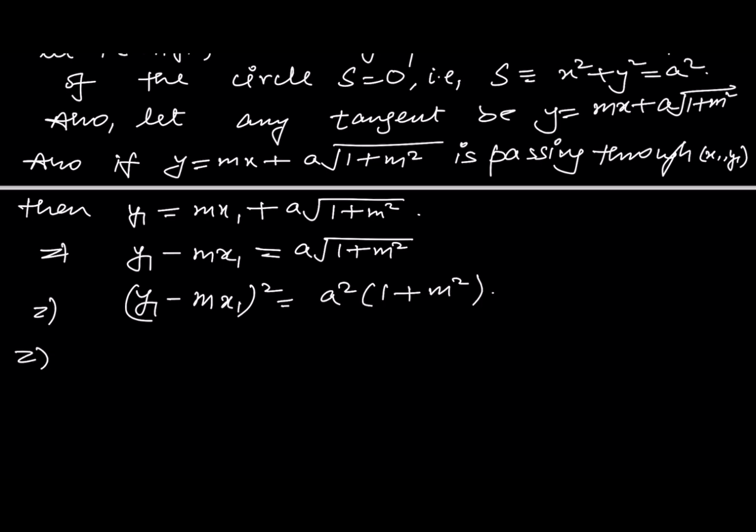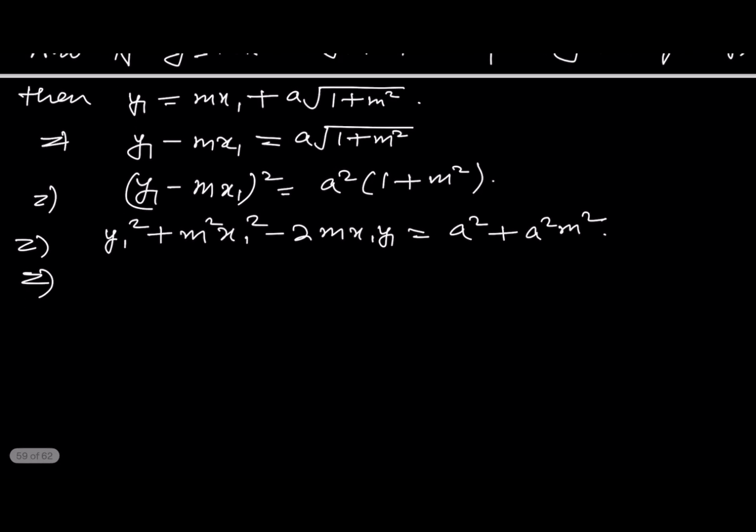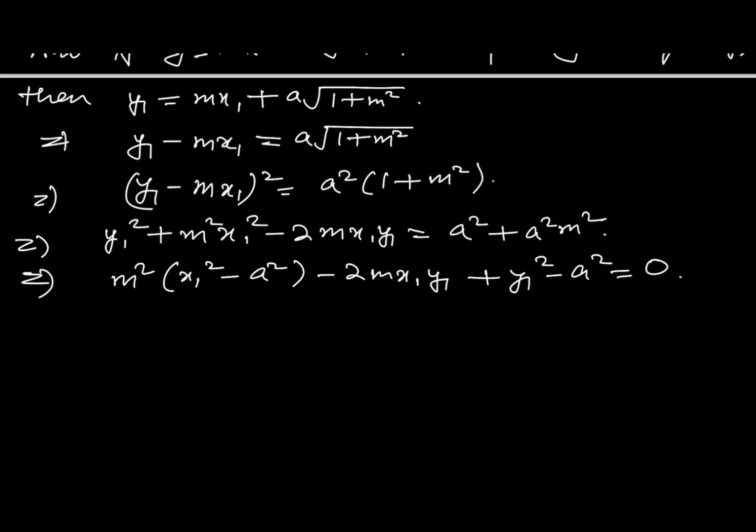After expanding, it will be y1 square + m square x1 square - 2m x1 y1 = a square + a square m square. So after making it quadratic in m, it will be m square times (x1 square - a square) - 2m x1 y1 + (y1 square - a square) = 0.